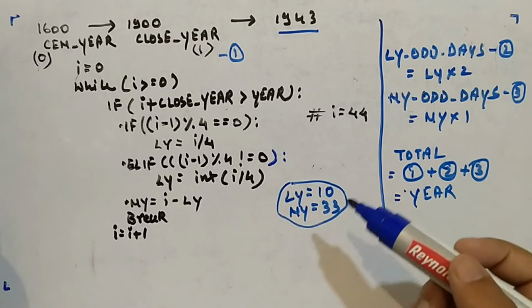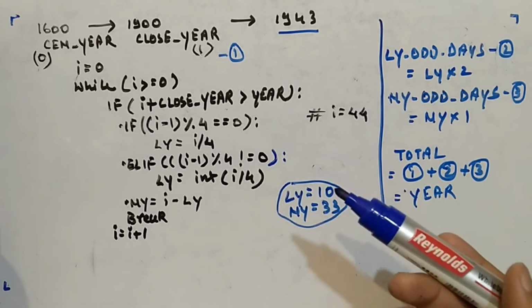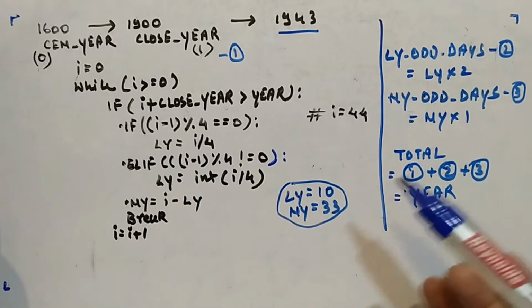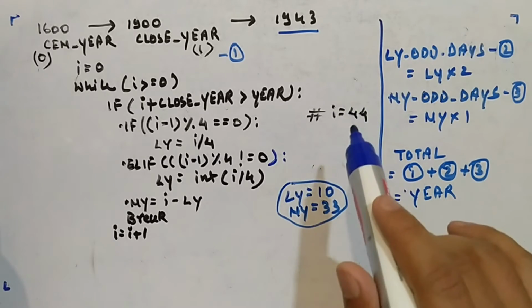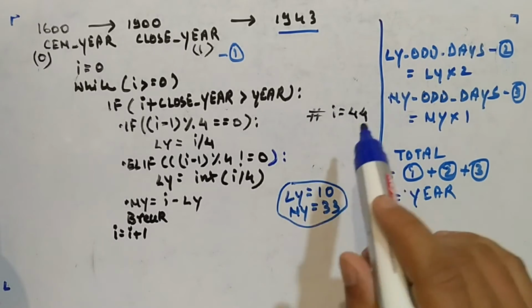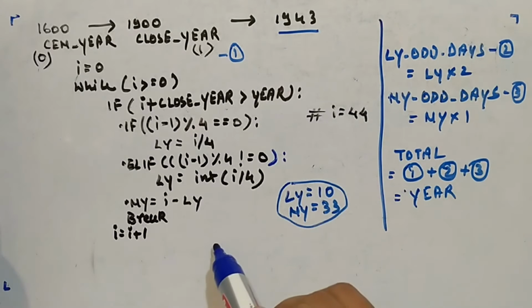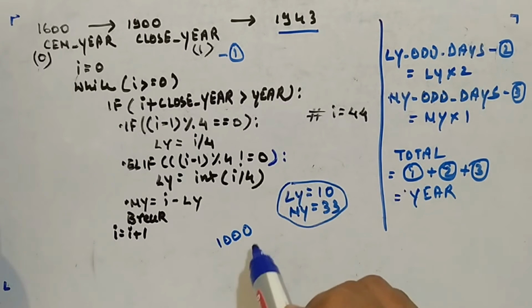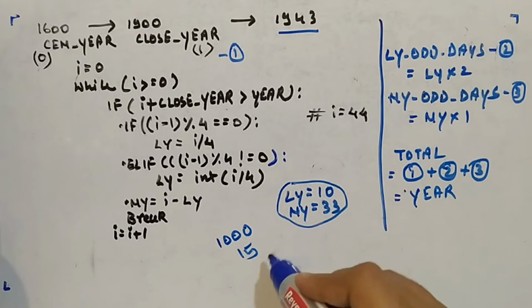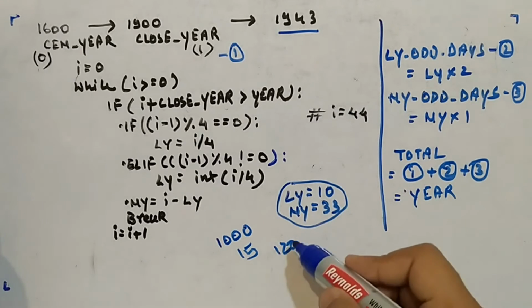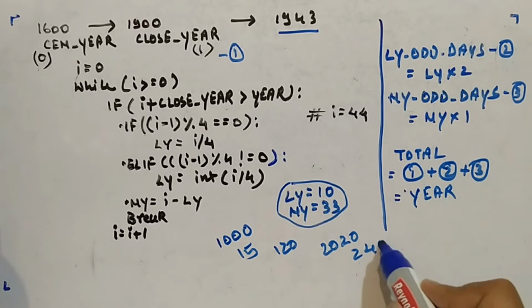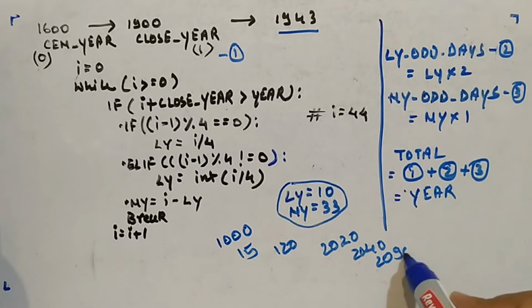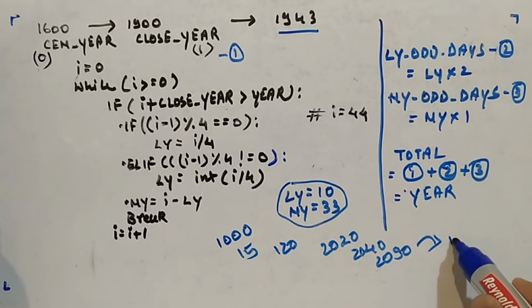I know the video is getting very long and the code looks very dirty, but believe me, you will be able to find the day for any date from this code. Even if you try 1000 year or 15 year or 120 year, or let's say 2020 or 2040 or 2090, you will provide a date of this year and you will get the day.